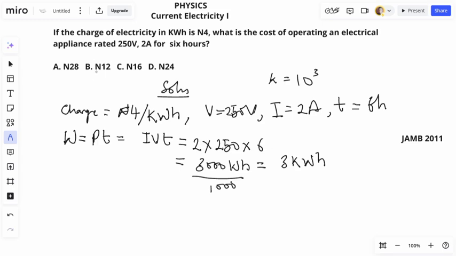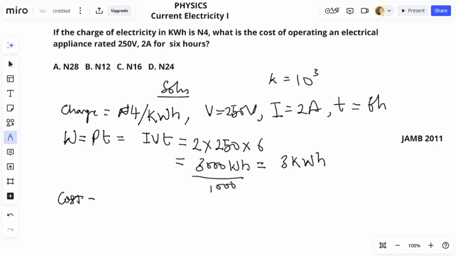However, the power providers or the energy providers charge what? 4 naira per kilowatt hour. So if you use up to 3 kilowatt hour, what will be the cost?